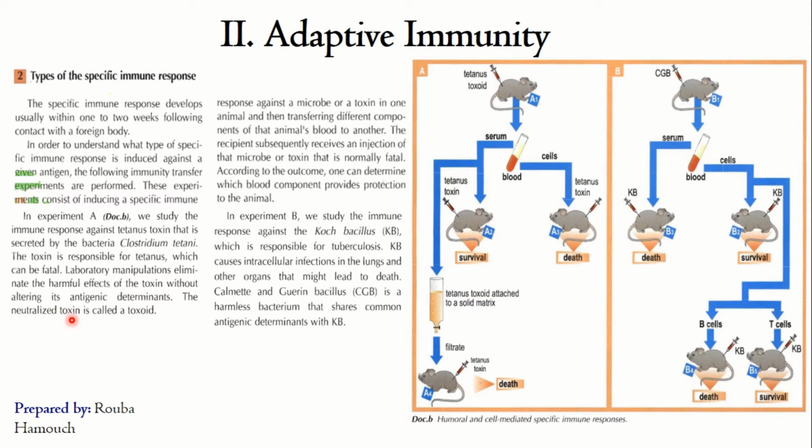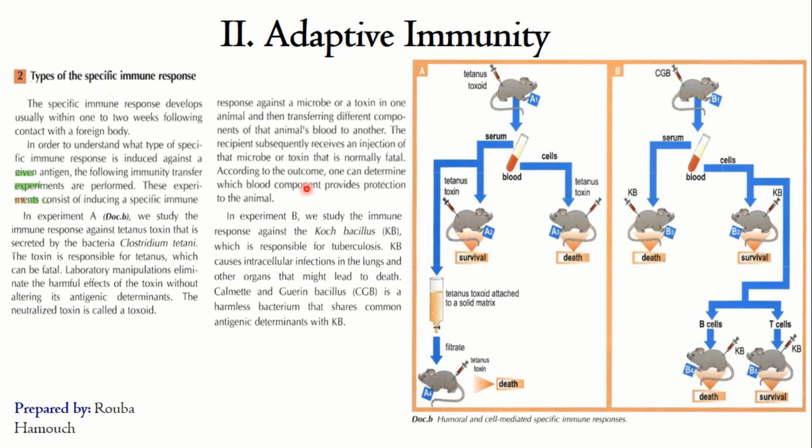That is, we can eliminate its harmful antigens and preserve its non-harmful epitopes. In this case, the toxin is called toxoid. Toxoid means attenuated or neutralized toxin, a toxin deprived of its harmful antigens but still capable of inducing an immune response.